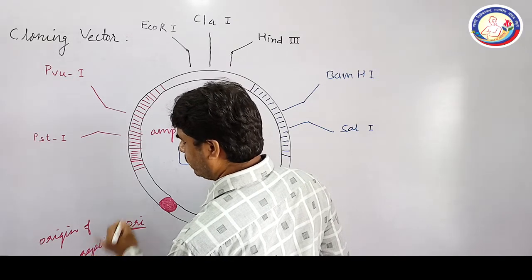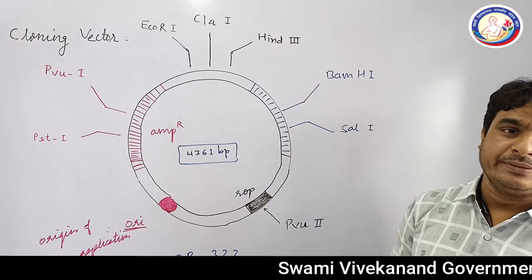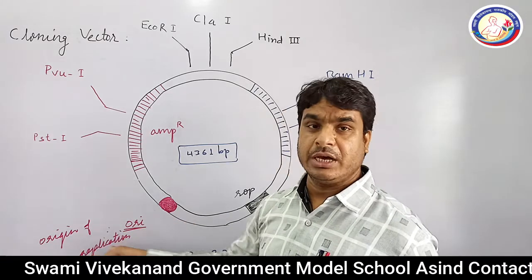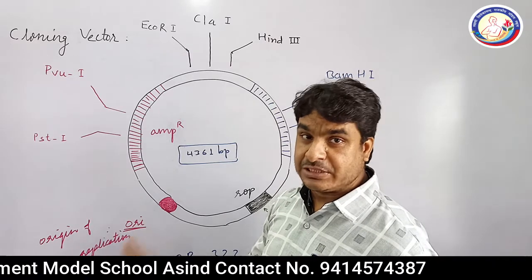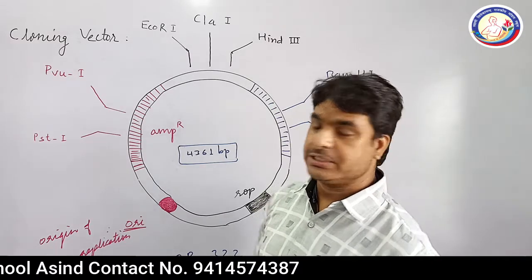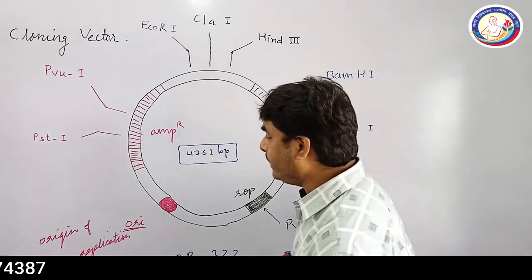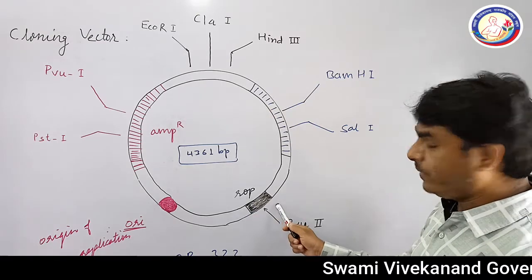So one more question can be asked on this point: what do you mean by ORI? Then you can say ORI is the origin of replication that shows a specific sequence of nucleotides from which replication is started.